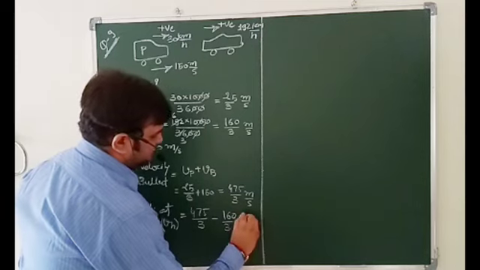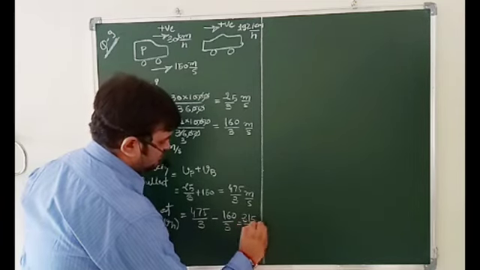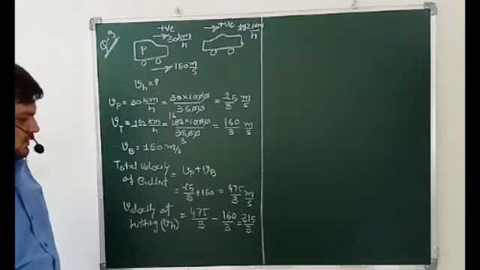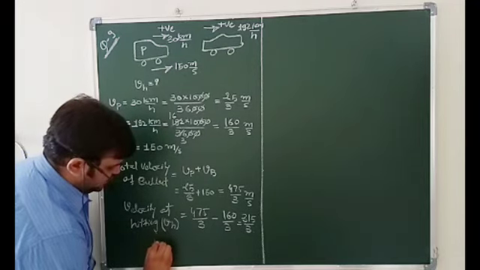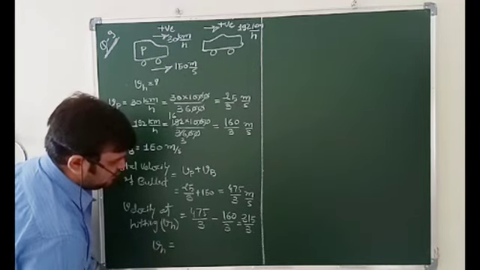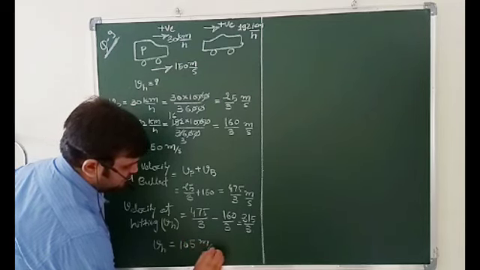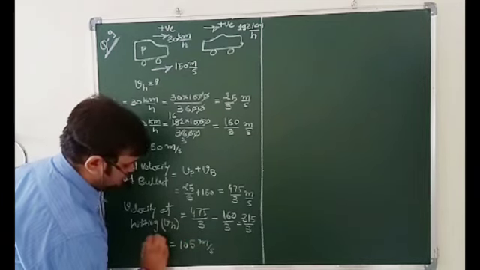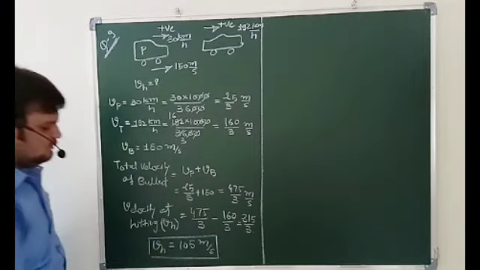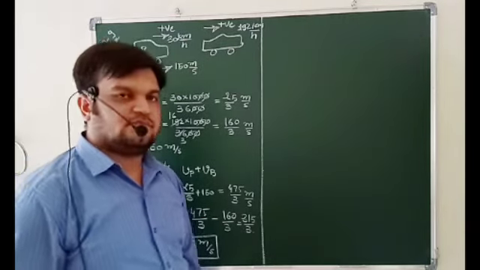So it will become 315 divided by 3. So the velocity of hitting VH is equal to 105 meter per second. So this is the answer.